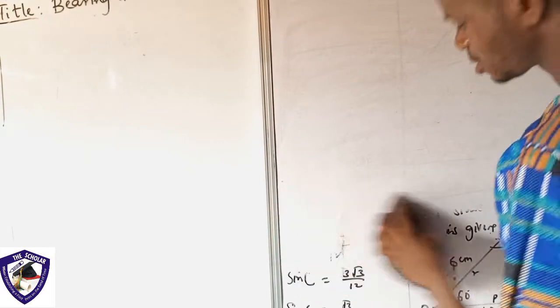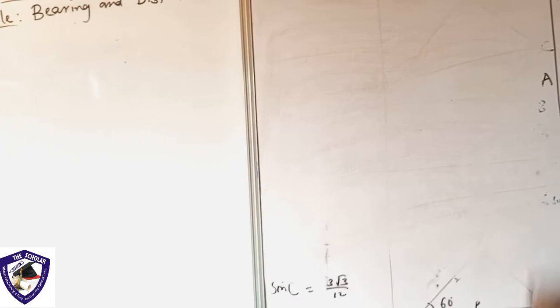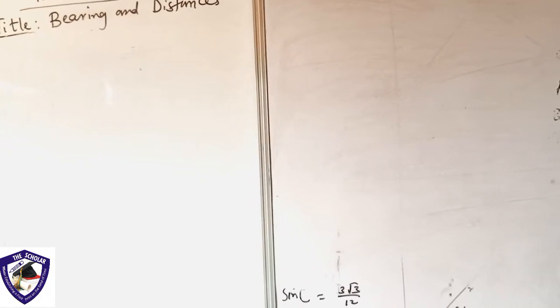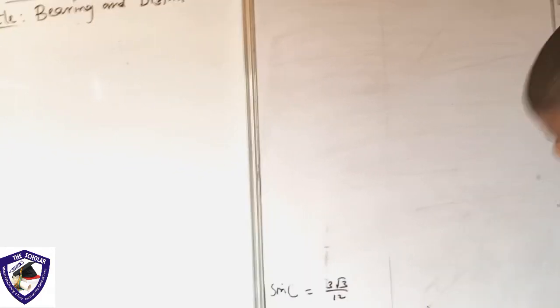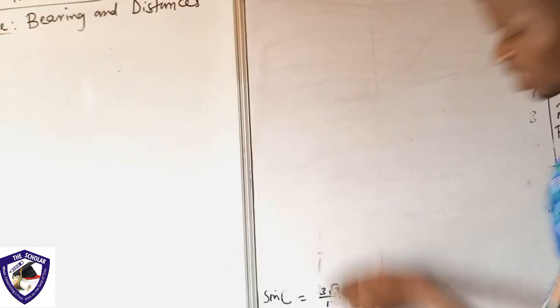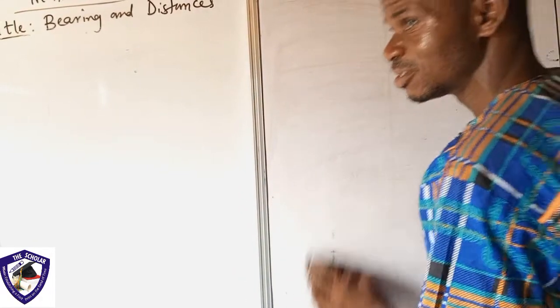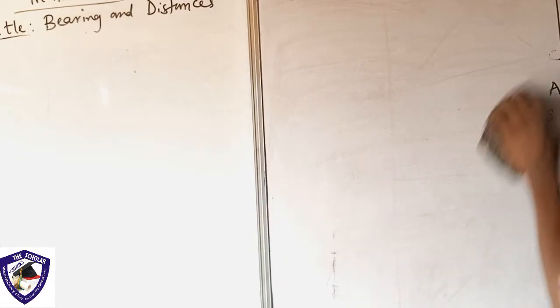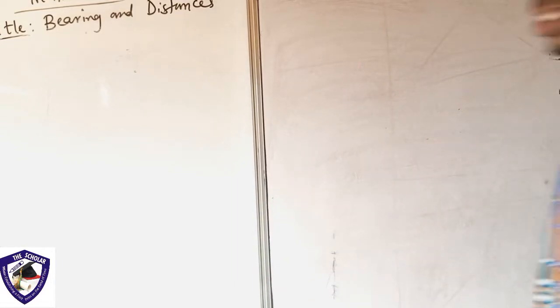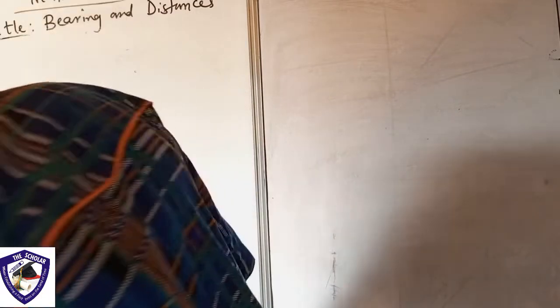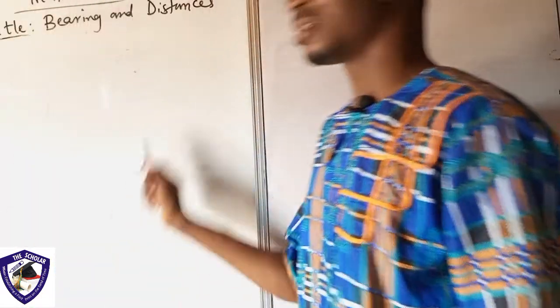The geographers require it. The pilots require it. The sailors require it. Then the people in the military also require the knowledge of bearing and distances. So you can see that you cannot discountenance it.